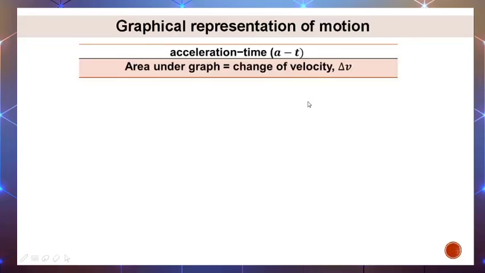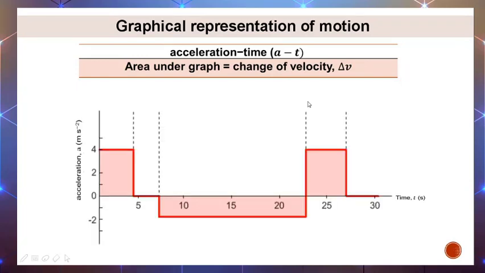Next is the acceleration time graph. From the acceleration time graph, we can get the change of velocity from the area under the graph. Here it is. As we can see over here, acceleration is on the y-axis, time is your x-axis. This indicates positive acceleration as shown over here.